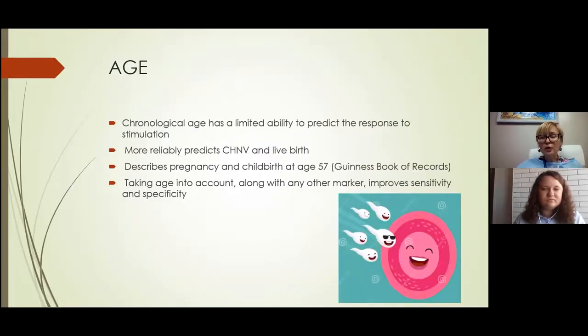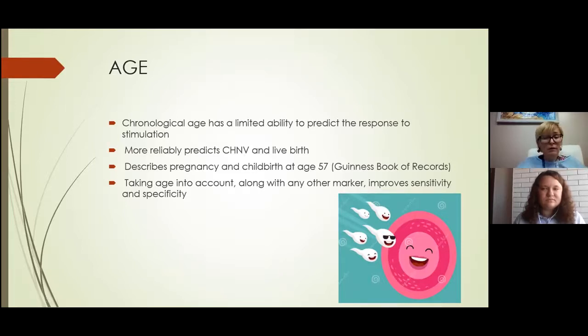Chronological age, of course, has a limited ability to predict the response to stimulation, but it can predict the probability of having a healthy baby and delivery. Natural pregnancy and childbirth at the age of 57 was described, but okay, it is in the Guinness Book of Records and it is very rare.